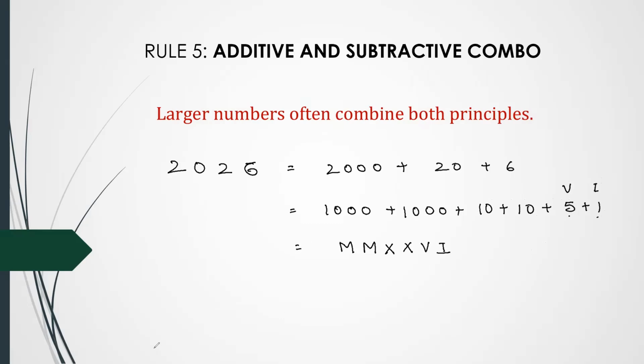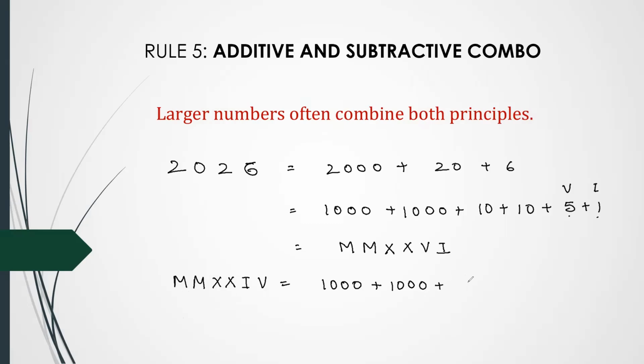Now let us convert a Roman numeral to the number. Suppose I give a number, say M, X, X, IV. Now what happens over here? M stands for 1000. Again, see, we are using addition and subtraction together. So again, M we have repetition, we add.